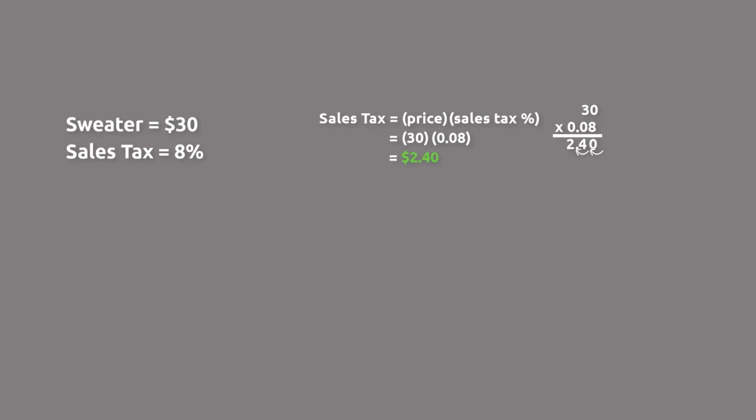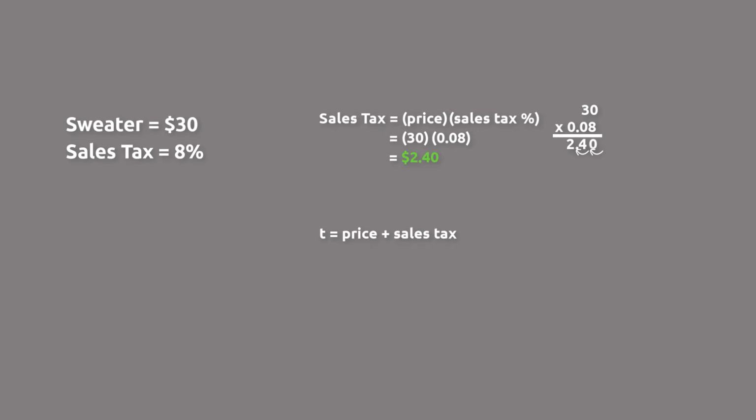We've determined the sales tax on the $30 sweater at a rate of 8%. So now we want to look at the total cost. So we'll call that TC, total cost, equals the price plus the sales tax.